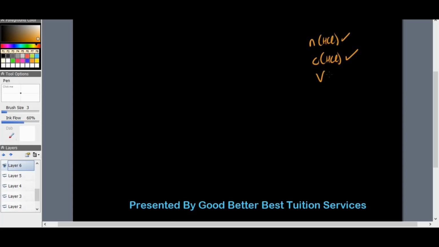So now all I need is the volume of HCl. Therefore, C is equal to n over V. I substitute 0.1 in for the concentration, that's equal to the number of moles, which I just calculated. I'm going to divide that by volume, which is still unknown.